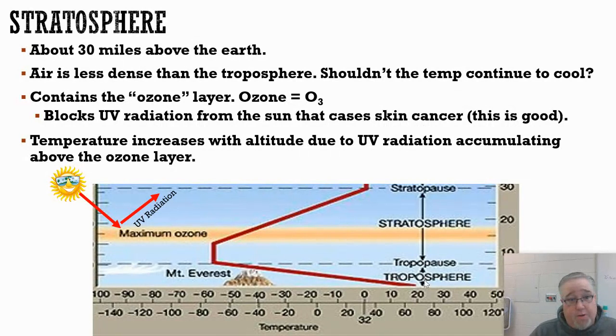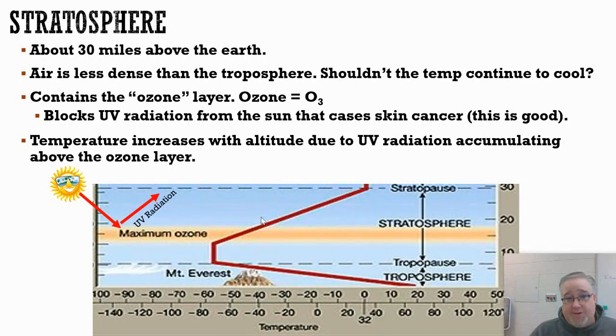That radiation that gets blocked tends to accumulate in the upper regions of the stratosphere, and that ultraviolet radiation is associated with heat. So as you elevate through the stratosphere, the temperature actually rises because of all of that radiation that's built up in the upper region.